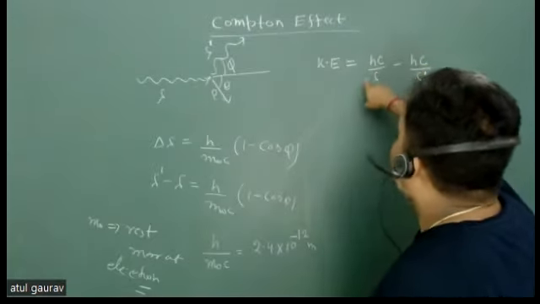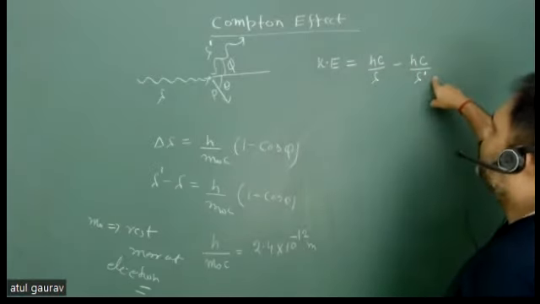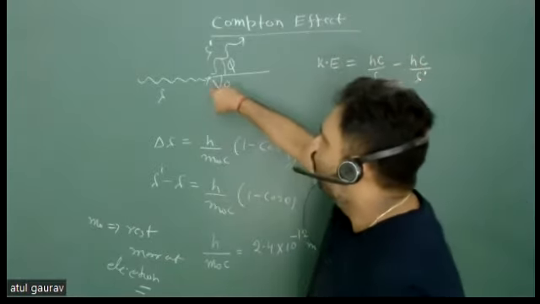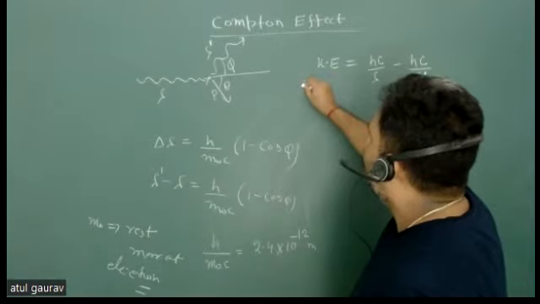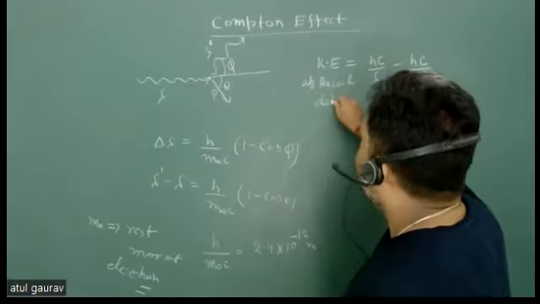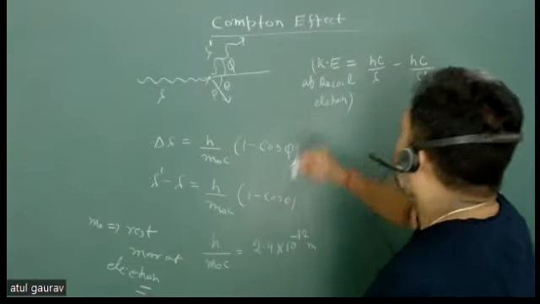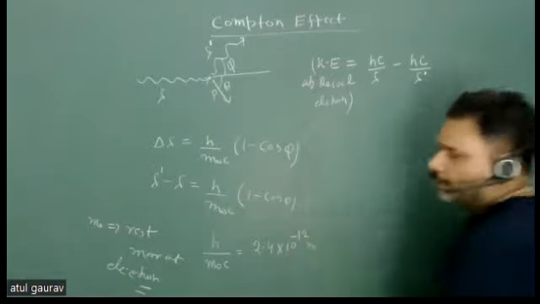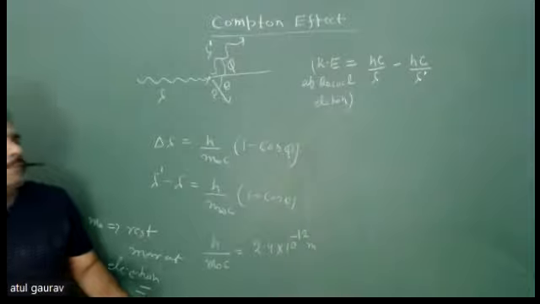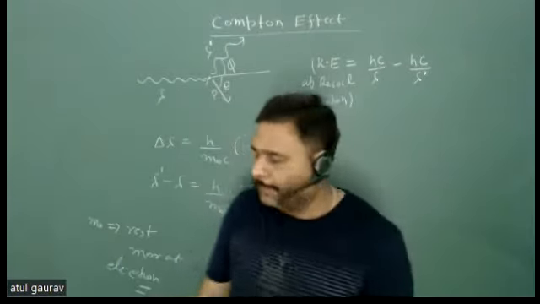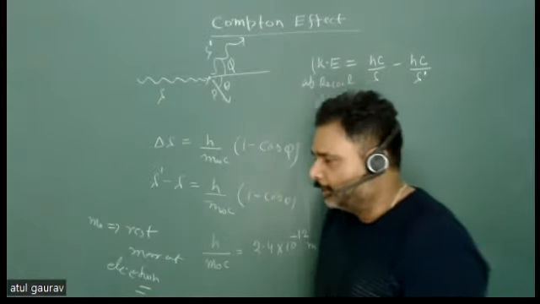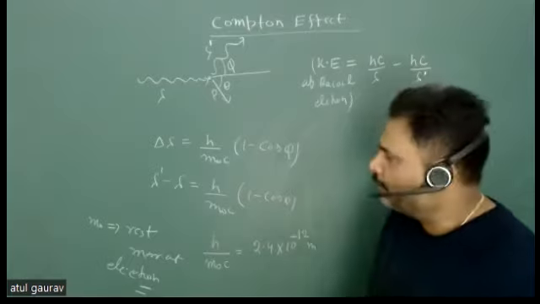This is the incoming energy, this is the scattered energy, and the difference between them is given to the electron, which is the kinetic energy of the recoil electron. So this is the story we created in our last class, and now we have to apply it to some basic problems. Is it clear up to here? Okay, so let's go for some basic problems.